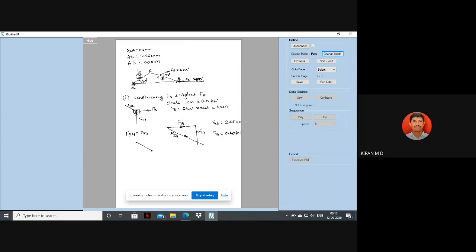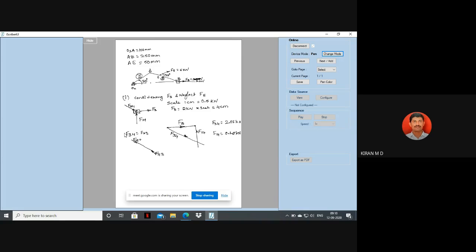Okay, this is the direction of forces, because on the link the forces are acting. Now this is F43, and this force is F23.